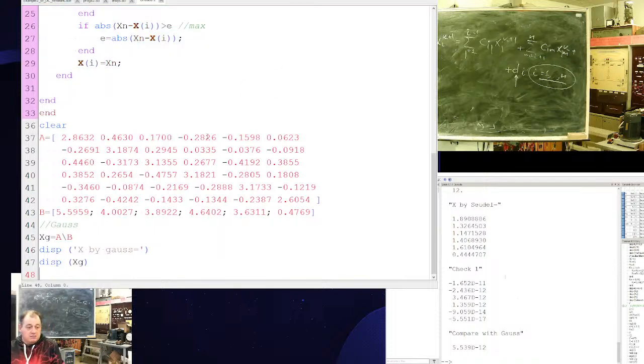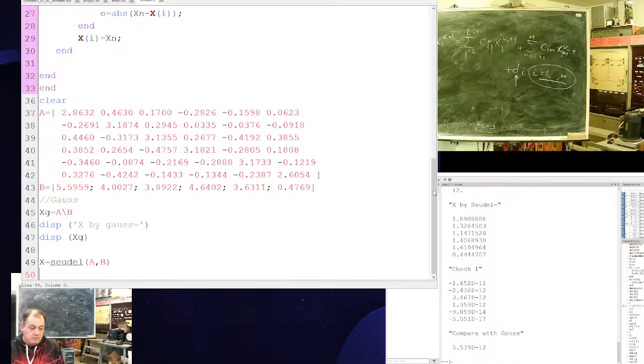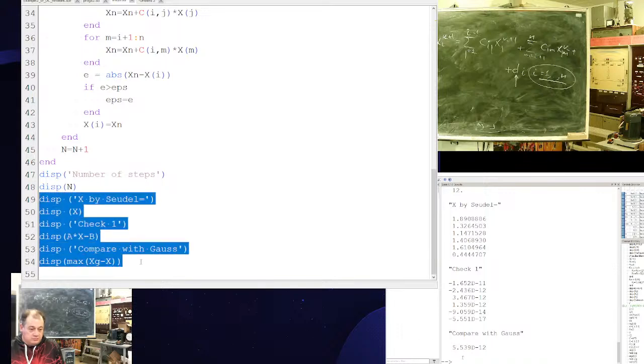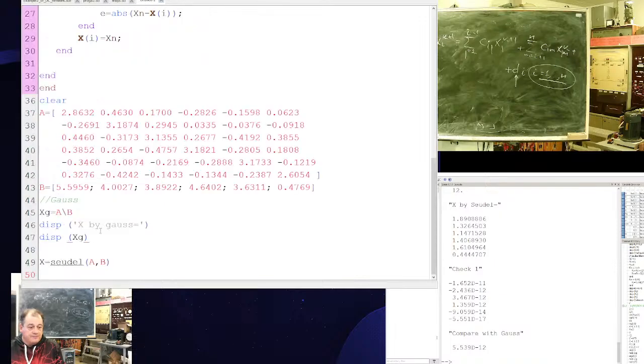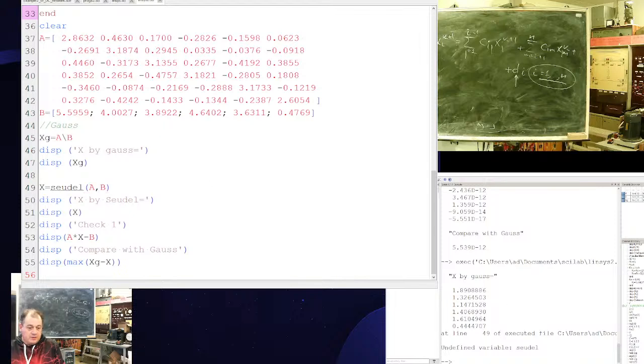And what can I do? I can write now x equals Gauss, not Gauss but Seidel, sorry, Seidel A, and from here I can reuse. Now run. Any mistake?